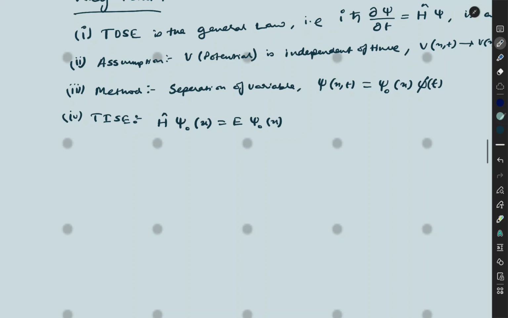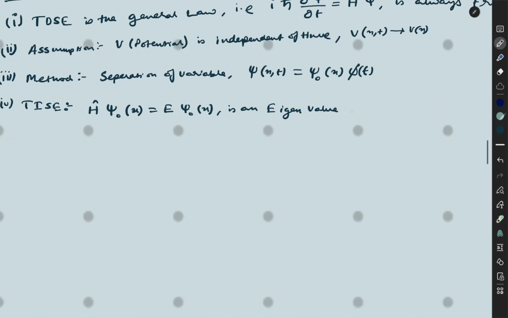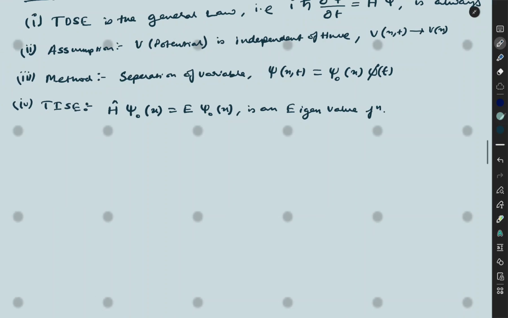Here we can use psi naught or anything, because this is just the wave function, and this is an eigenvalue equation, very important one, that solves for the allowed energy level E and the spatial wave function psi naught of x of this particular system.